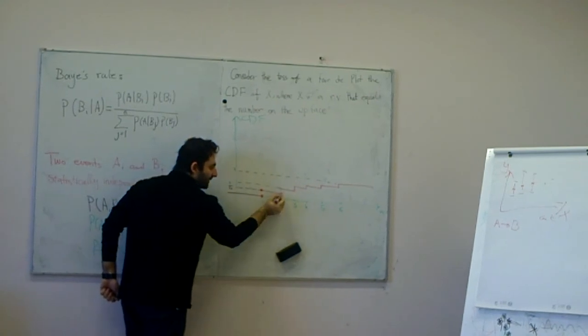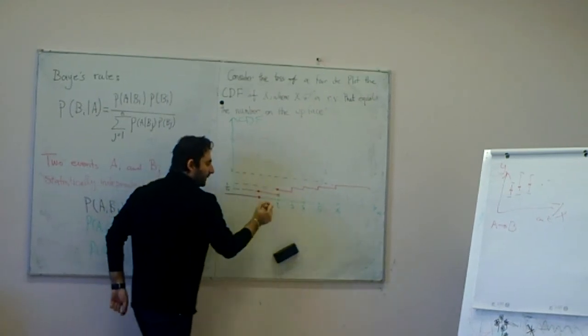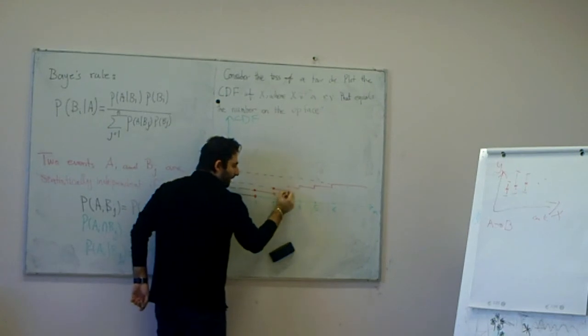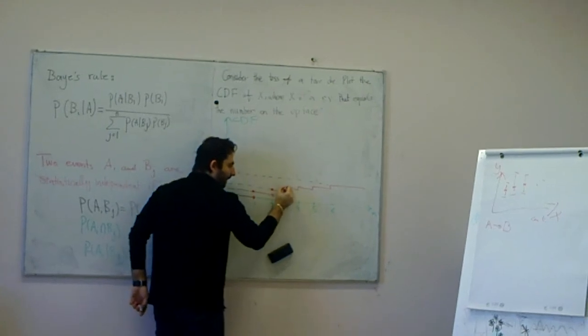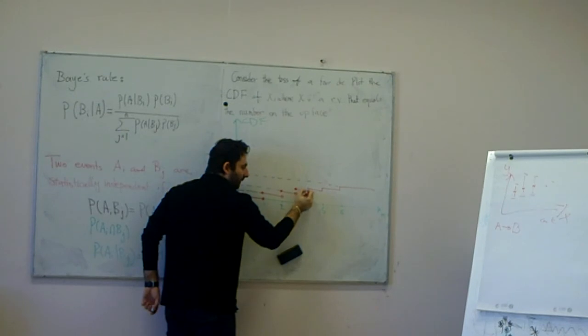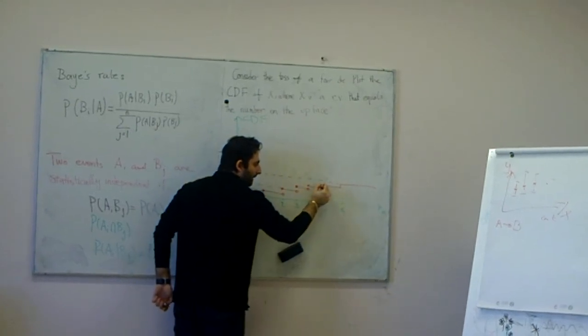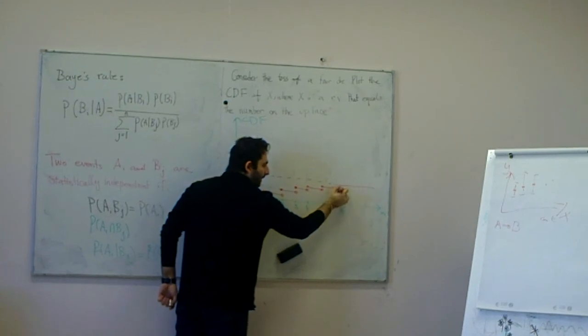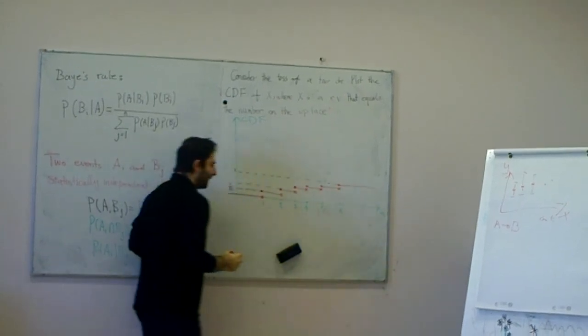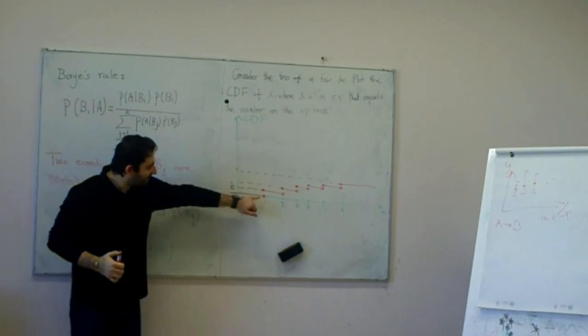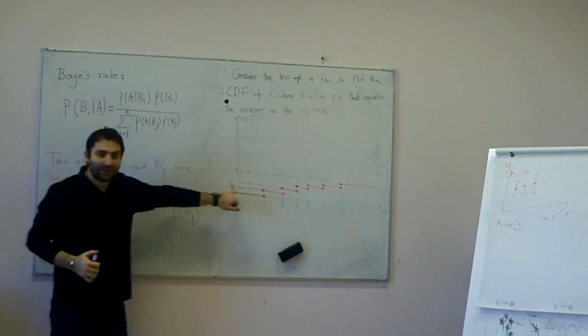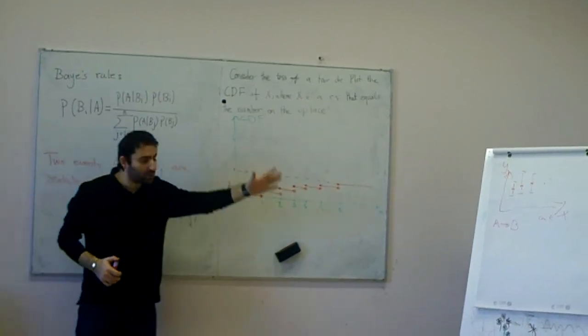Here it is empty, here it is full. So you have to be careful when you are drawing this one. And as you can see, it starts from minus infinity and it goes to plus infinity.